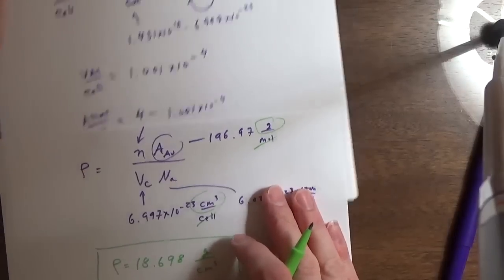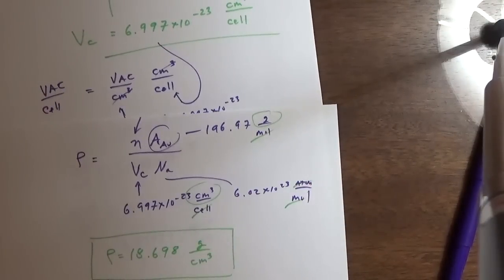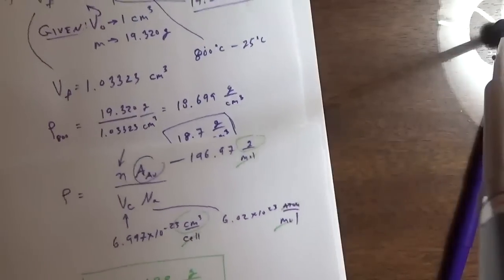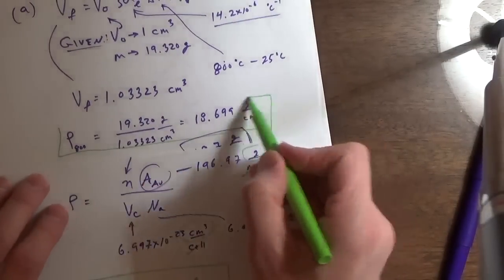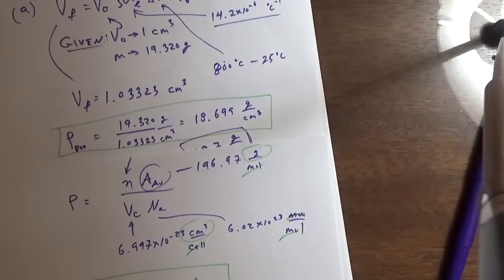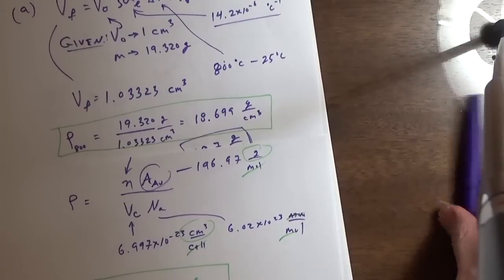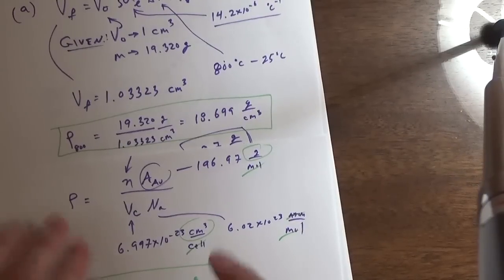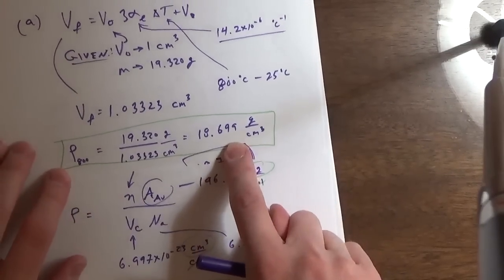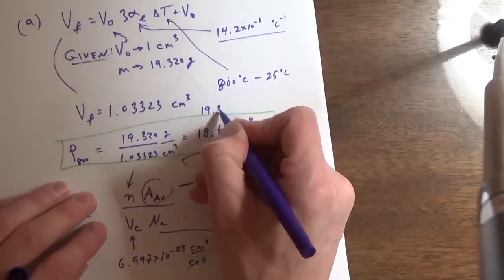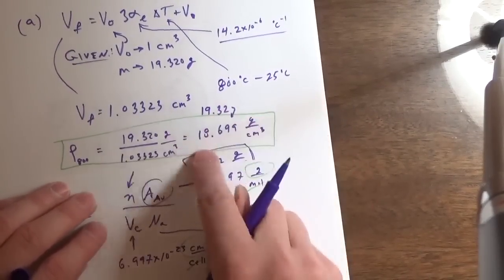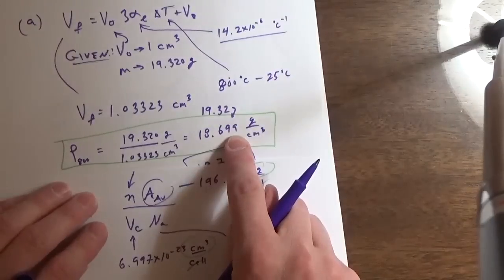So let's go back and compare that to our original calculation. We originally calculated that the thermal coefficient of expansion would result in the density changing from 19.32 to 18.699.